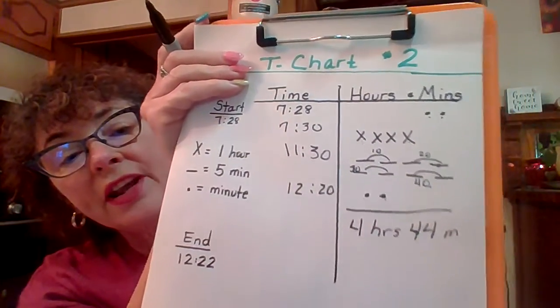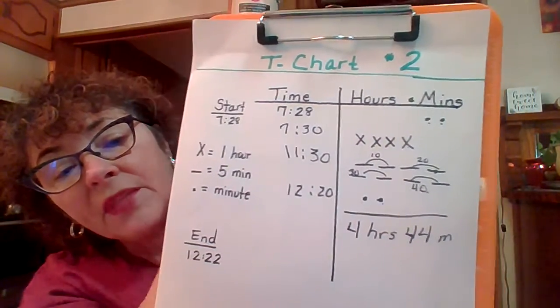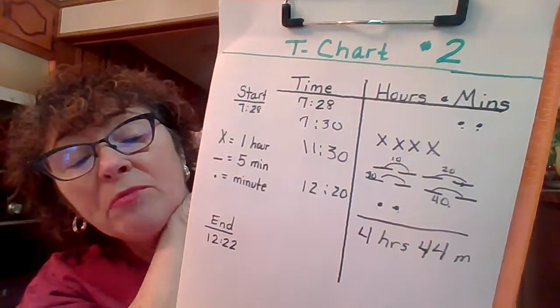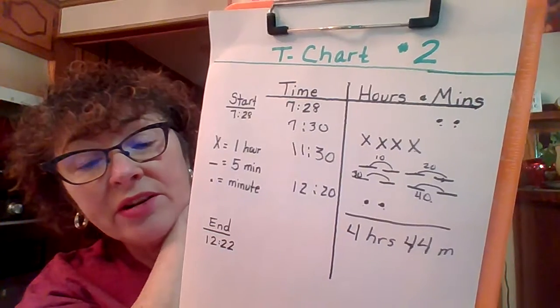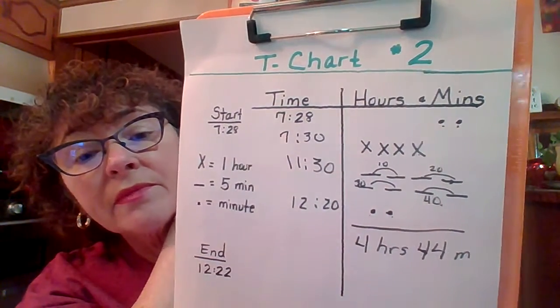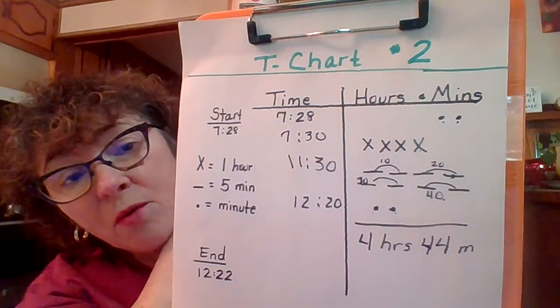I'll let you look at it for just a minute. Now, I didn't have to combine those fives to make tens, but for me it was just a lot easier. Okay, so do you see how that worked?